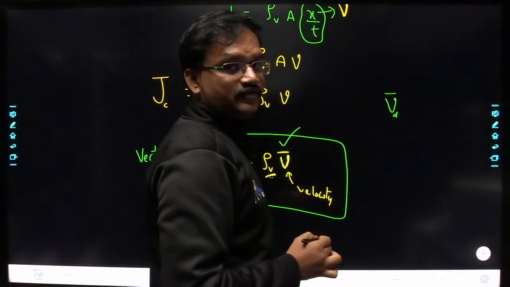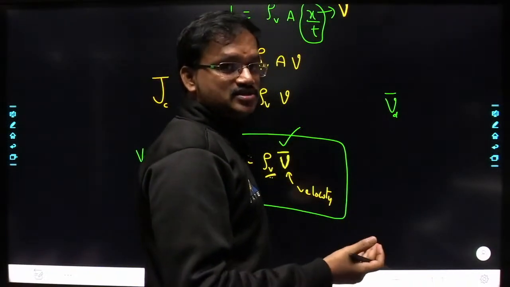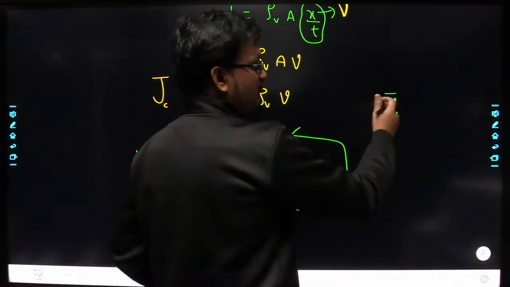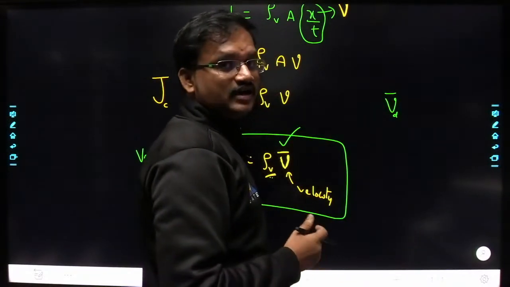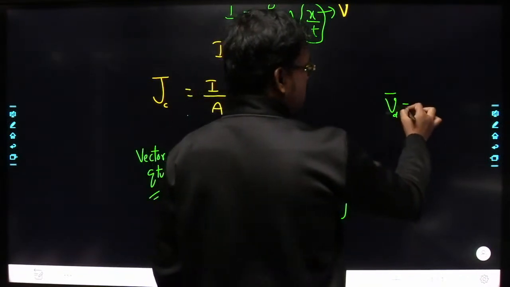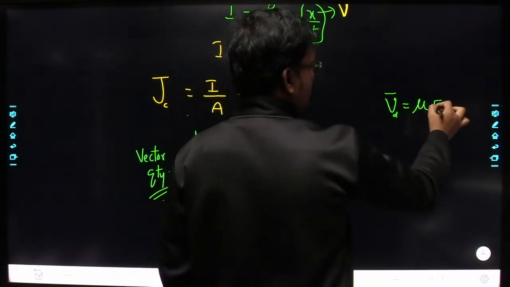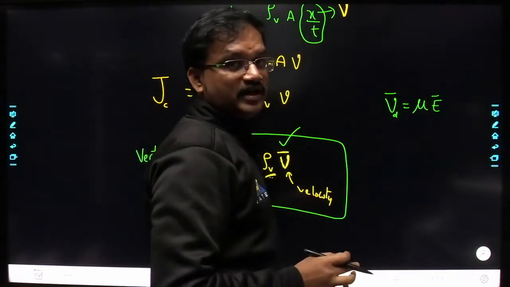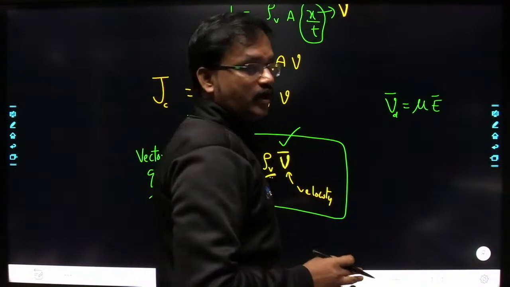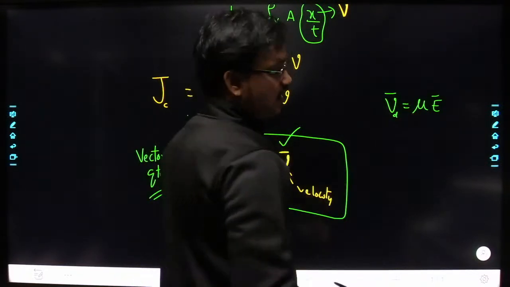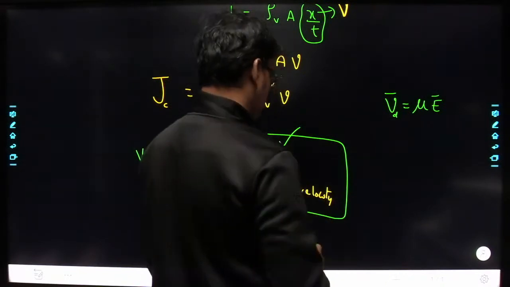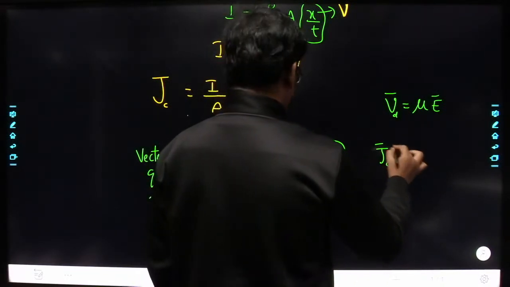If you are getting the velocity because of some applied force, then that velocity is called drift velocity. This drift velocity is equal to mu times E bar. Here mu represents mobility, it is not permeability, right? So Vd is equal to mu into E bar. So here JC bar is equal to what?